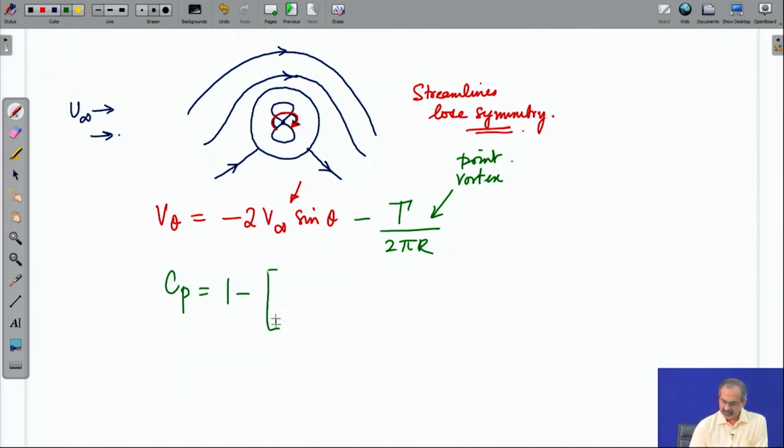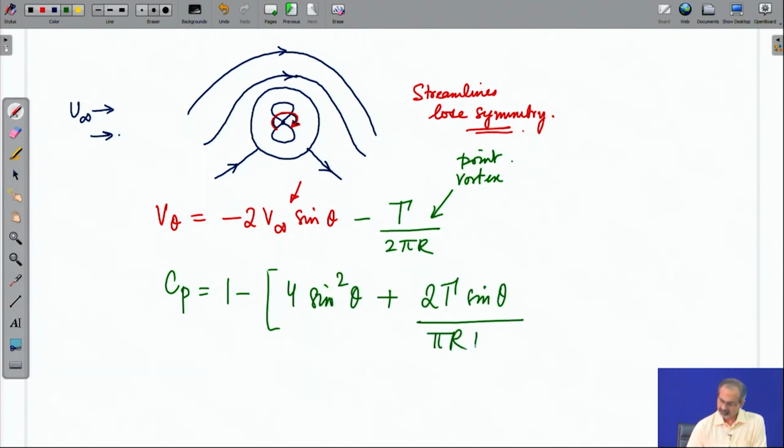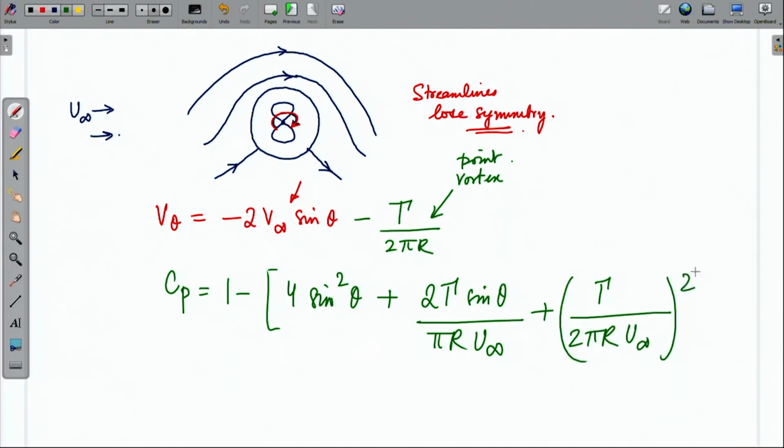So, Cp will turn out to be, you can see some additional terms coming over here by virtue of the presence of the point vortex, and the additional terms are easy to figure out, they are these.